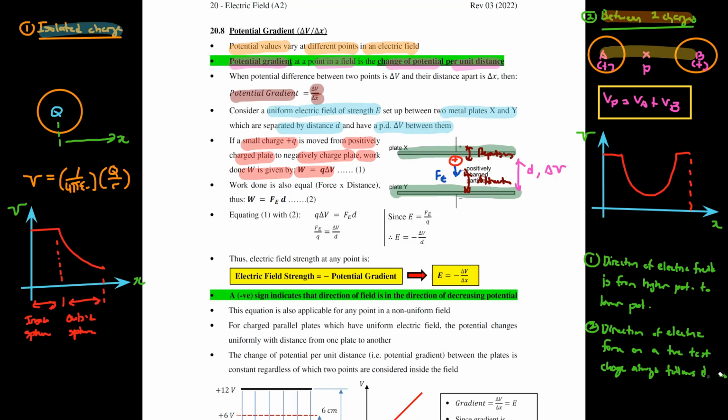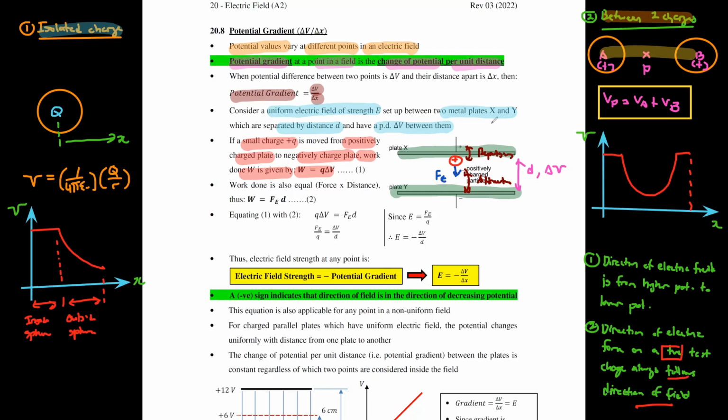Okay, so let me rewrite this. There's not enough space here. The direction of electric force on the positive test charge always follows direction of the field. Okay, so keyword here is positive test charge, and that the electric force acting on the test charge must always follow direction of the field.